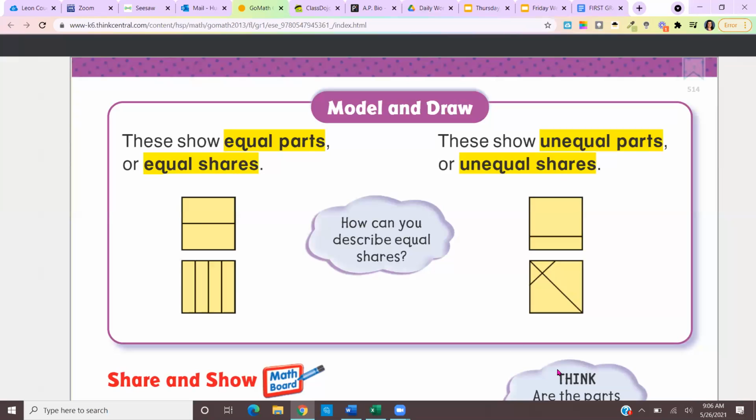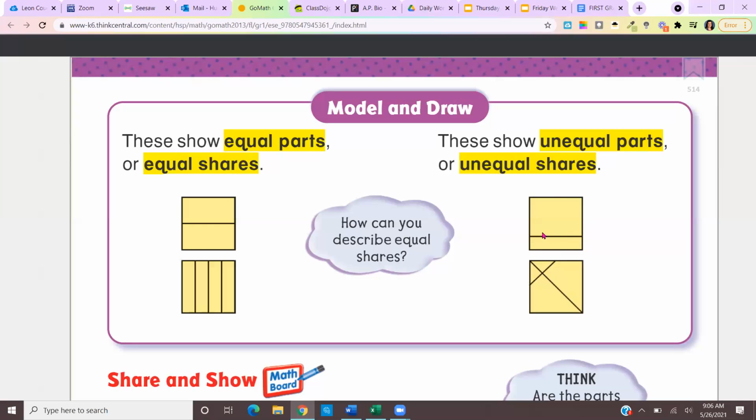Okay, well, look over here. These show unequal parts or unequal shares. So say that word, say unequal parts. That means that both parts of the shape are not the same size. So unequal parts are not the same size.